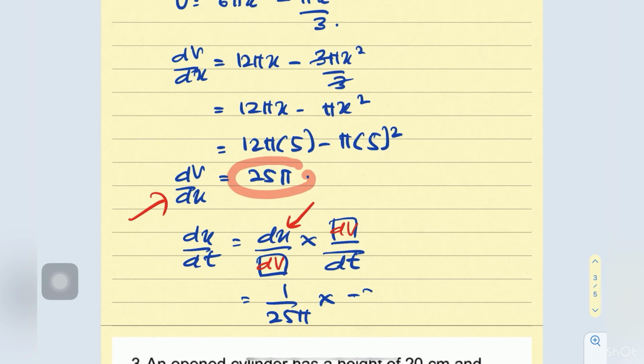So this one we simplify. Negative 20 divided by 35 pi is negative 4 over 7 pi.